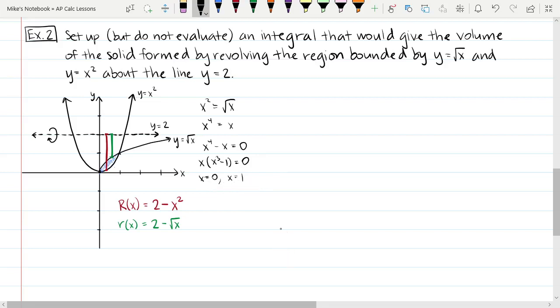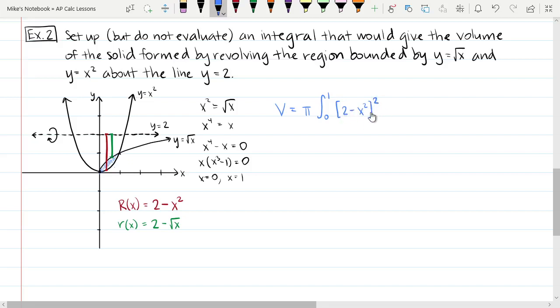Okay, so that means now we can write out our integral. Actually, go ahead and pause right here and see if you can write it out first. So go ahead and pause. Okay, so hopefully you had volume equals pi times the integral from 0 to 1 of, now be very careful here, it should be 2 minus x squared squared.